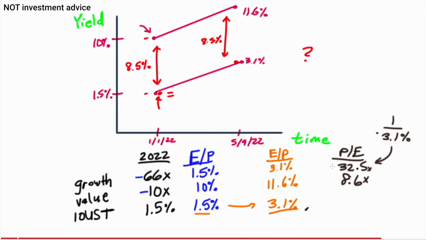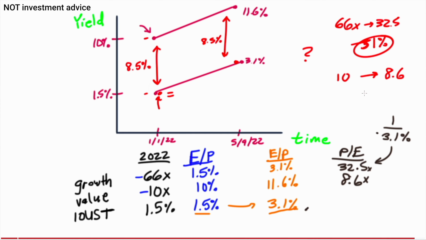So now we can calculate the estimated impact on the actual stock price from this change in yield. So the growth stock went from a 66 PE to a 32.5. That would be a reduction of 51%. The value stock went from a PE of 10 to a PE of 8.6. That would be a reduction of 14%.